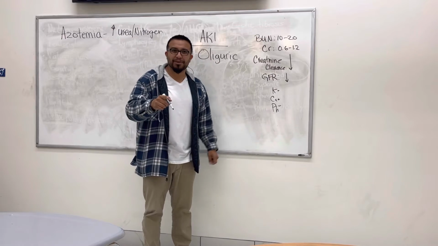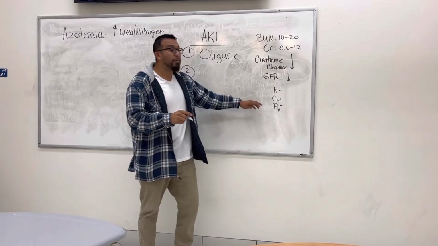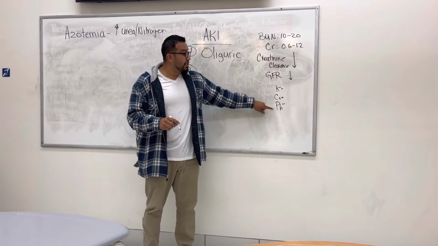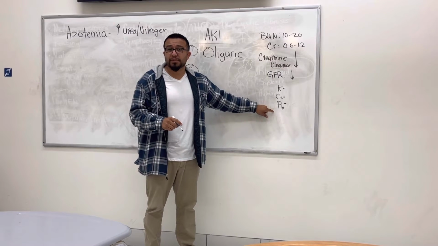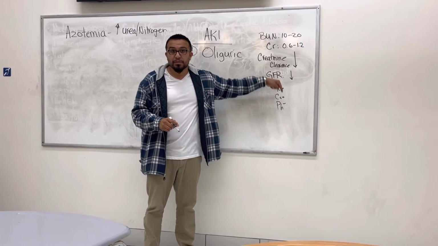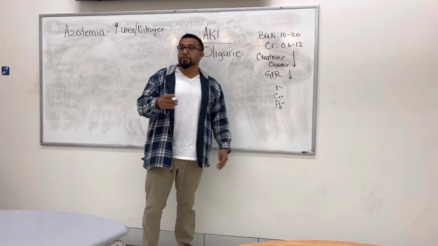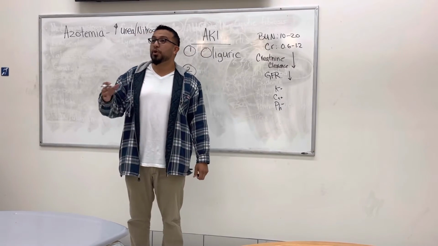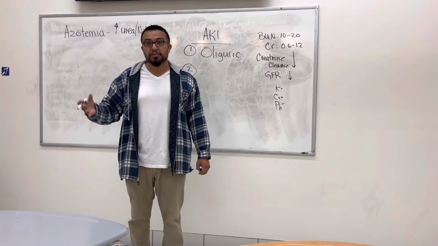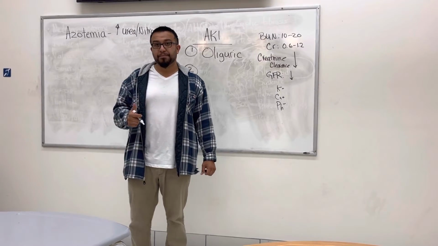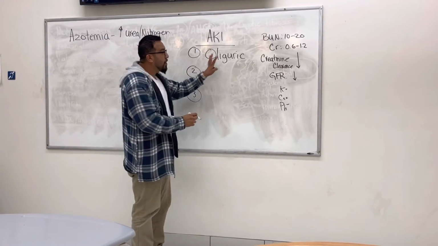My point is this. Because all of them are going up, eventually phosphorus causes the calcium to go down. So people with kidney failure also develop osteoporosis because they don't have any available calcium for the bones. You all with me on that? Okay. Now that's all during the oliguric phase.